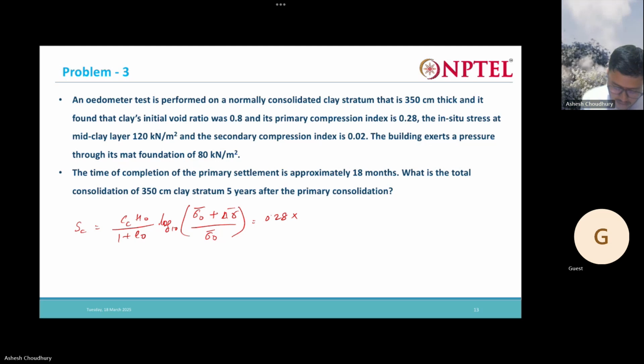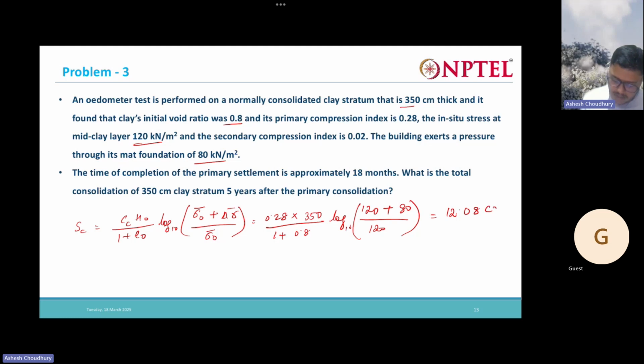Then we have 350 centimeter is the thickness divided by 1.8, 1 plus the initial void ratio 0.8, times log of 120 plus 80 by 120, and this will come out as 12.08 centimeters. Okay, this is the initial primary consolidation.